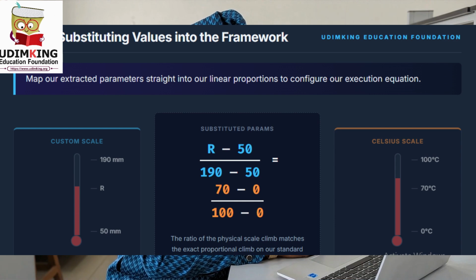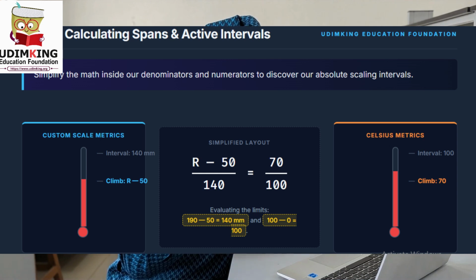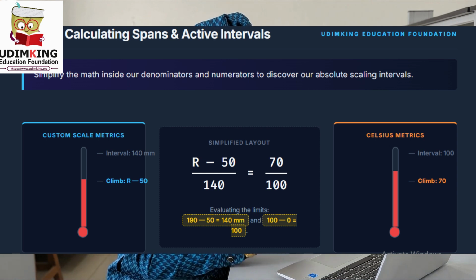Let's evaluate the intervals. Step 3, simplify the expressions within our structural boundaries to calculate our active spans. On the right-hand side, 70 minus 0 leaves us with an active climb of 70 units out of a baseline capacity of 100.